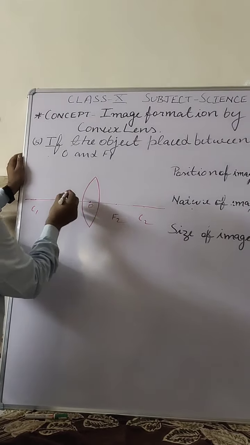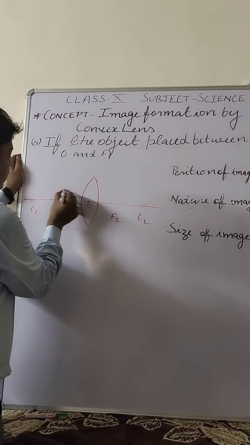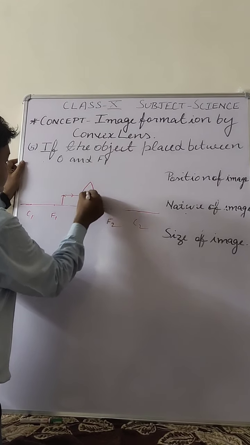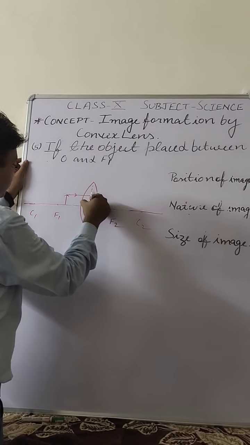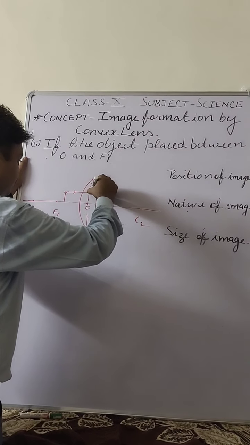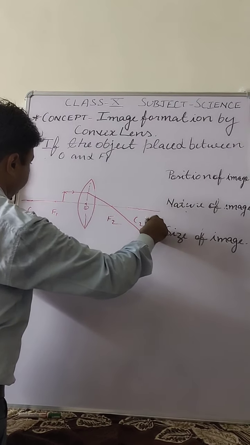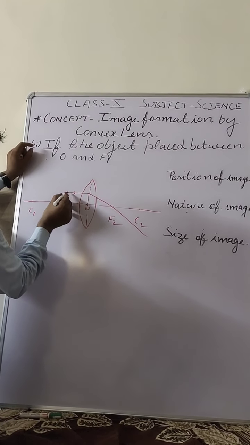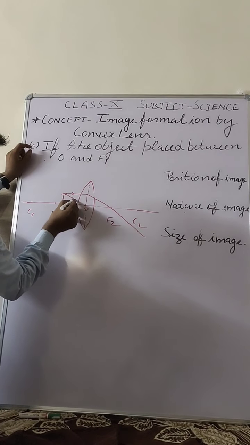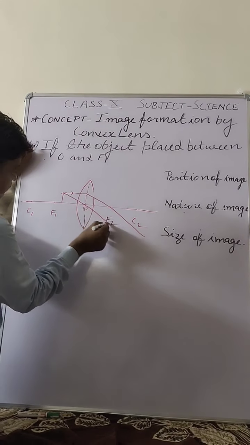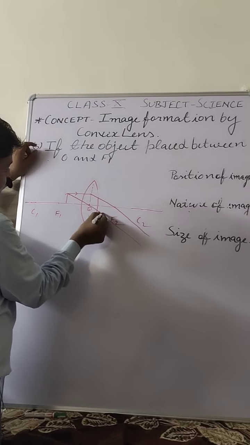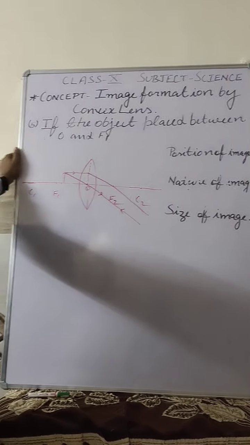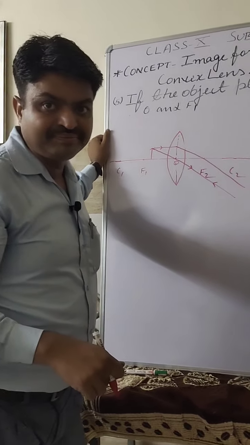Now in this, again you will draw this. It is the incident ray, and from this aperture line, it will refract from F2. Now here again you will draw the ray, incident as well as refracted. Now where will the image be formed, student? Yes, tell me.